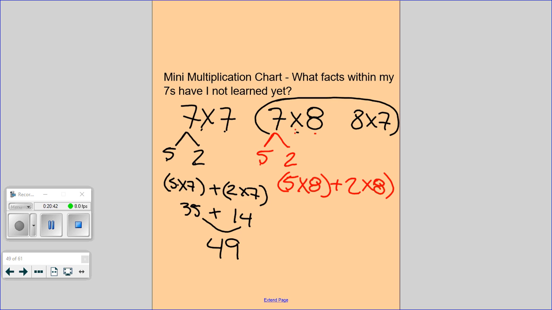Ashlyn, do you know what it is? 5 times 8 is 40. Plus, what's 2 times 8? Skip count by 2s. Billy? 2 times 8.